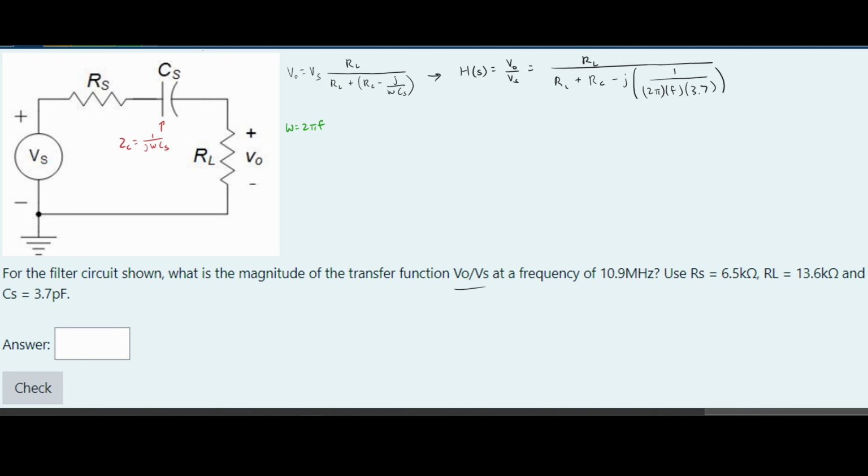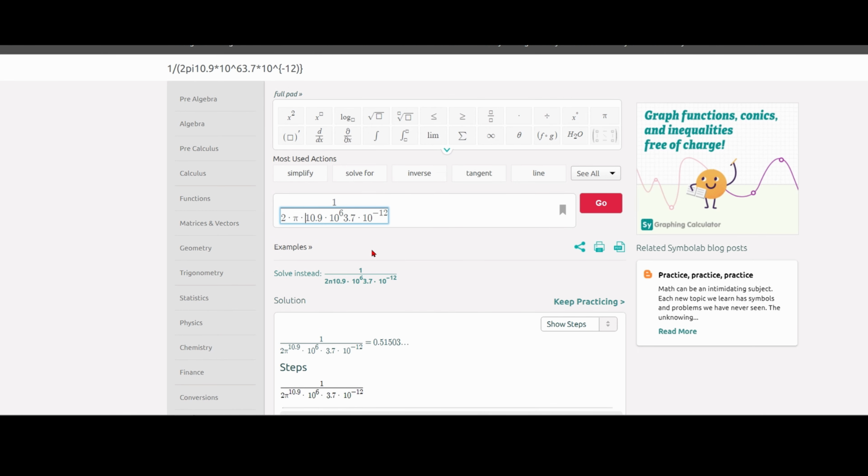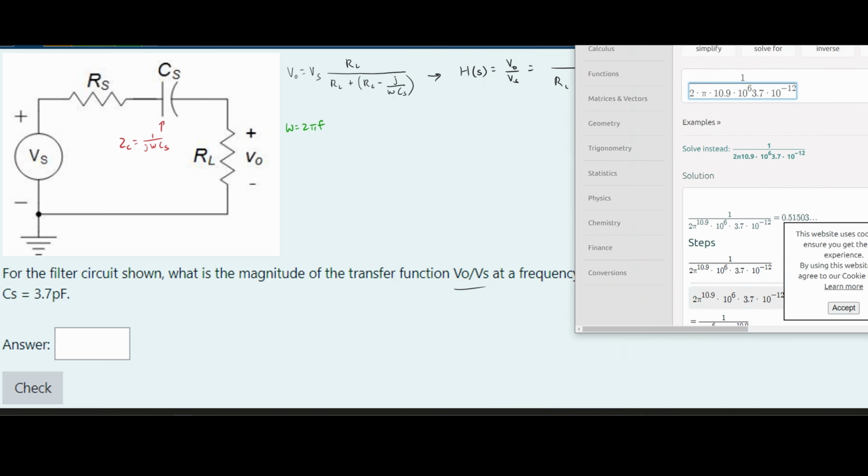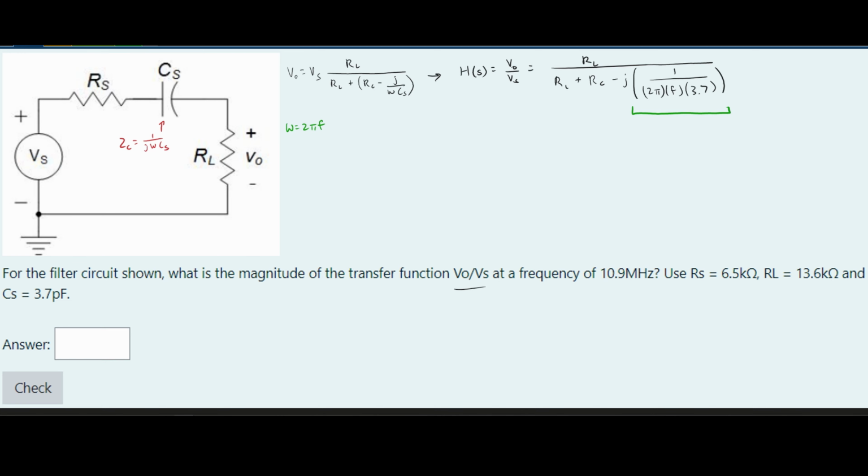So we're going to plug this into a calculator, and if we do so, our value here is going to be approximately 0.51503. That's going to be the answer for this. Now, what we're going to do with these is add them together. So we have our RL plus our RC, and for this problem, it's going to total out to be 20.1 kilo ohms.